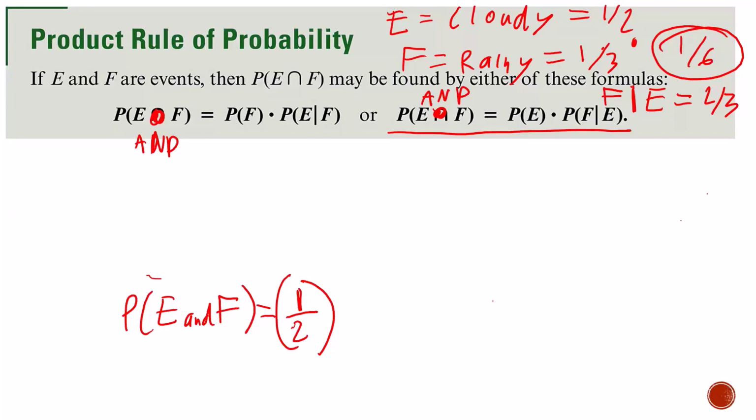Read this: this is F given E. This says if it's cloudy, it's going to rain 2/3 of the time. So what fraction of the days are both raining and cloudy? Well, look at all the days that are cloudy, those are the E days. What portion of those days are also raining? Well, it's 2/3 of them.